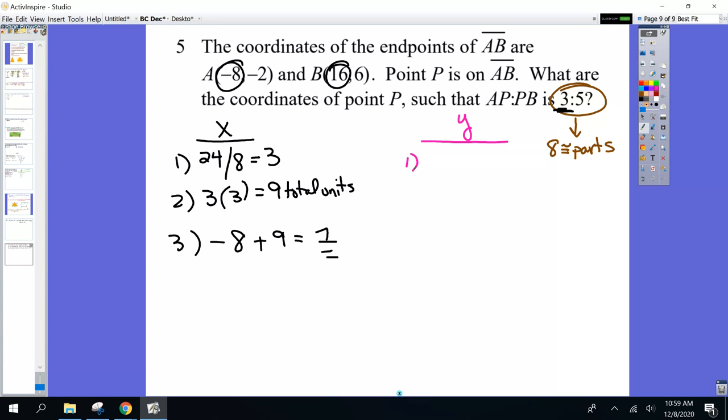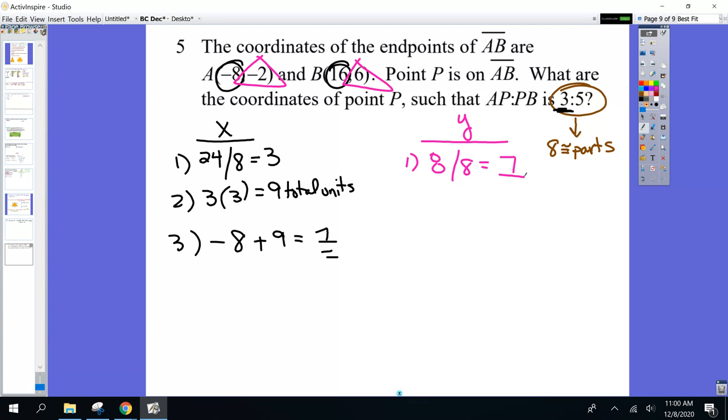Now I'm going from -2 to 6. Oh boy, what's that, 8 units? Again, just don't combine them. Figure out how many units apart they are. 8 units divided up into 8 equal parts, which now instead of going 3 units on the x-axis, I'm going only 1 unit every time.